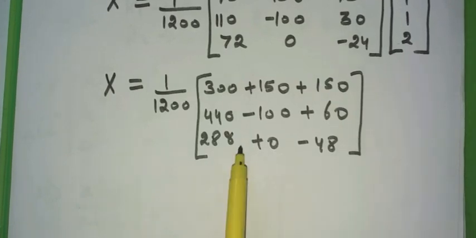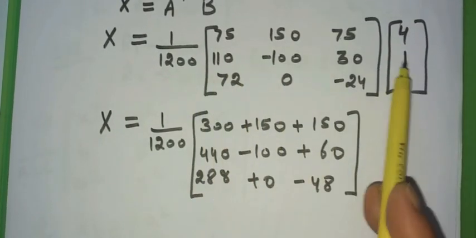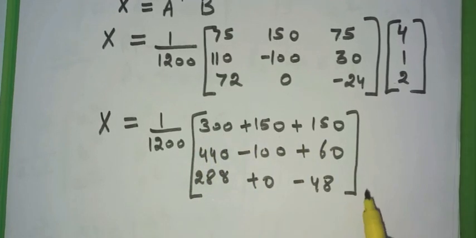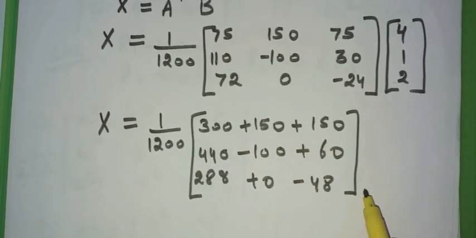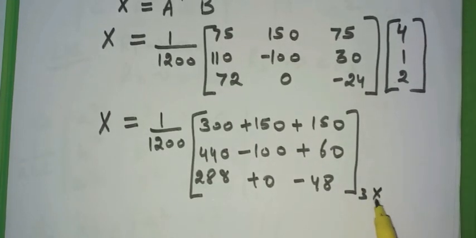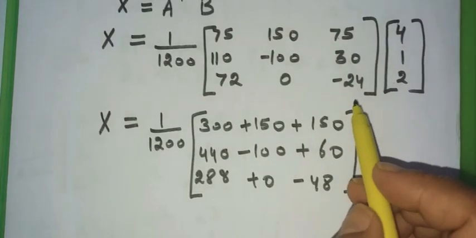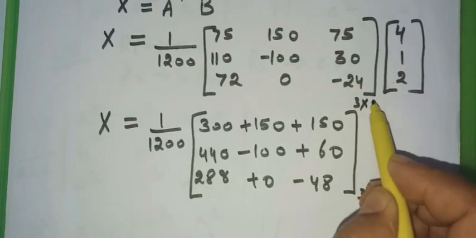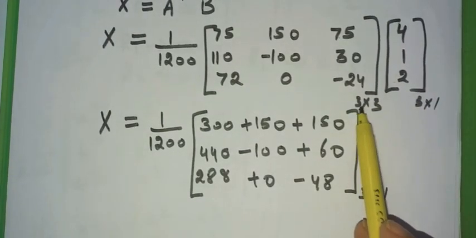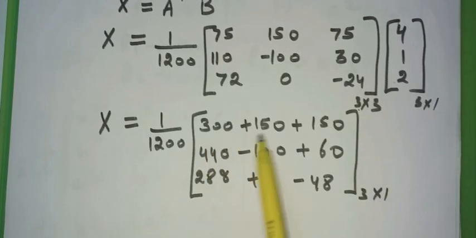So I get this matrix after multiplying these two matrices. Solving these numbers, this is one whole term. This matrix actually has only one column, it has 3 rows. This is a 3 by 1 matrix. So you can see here this is a 3 by 3 matrix and this is a 3 by 1 matrix. So the resultant matrix will be 3 by 1, having 3 rows and just 1 column.